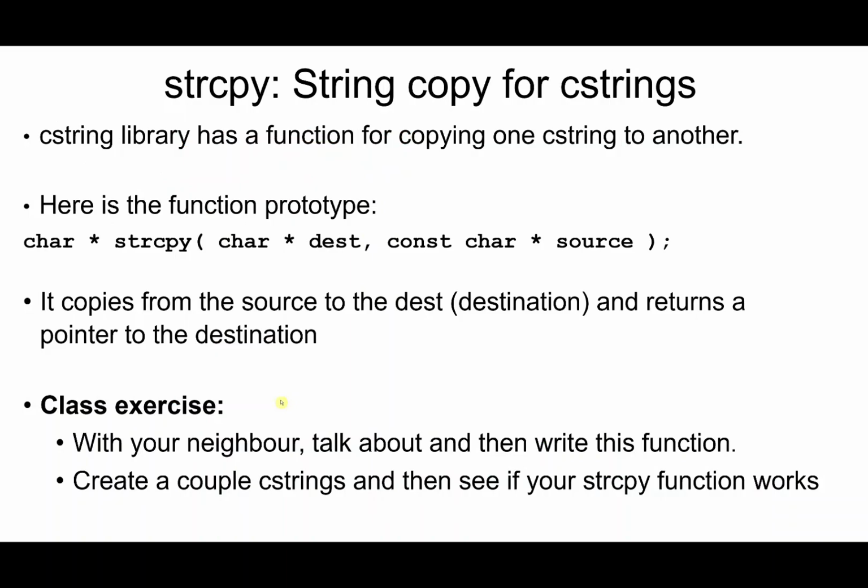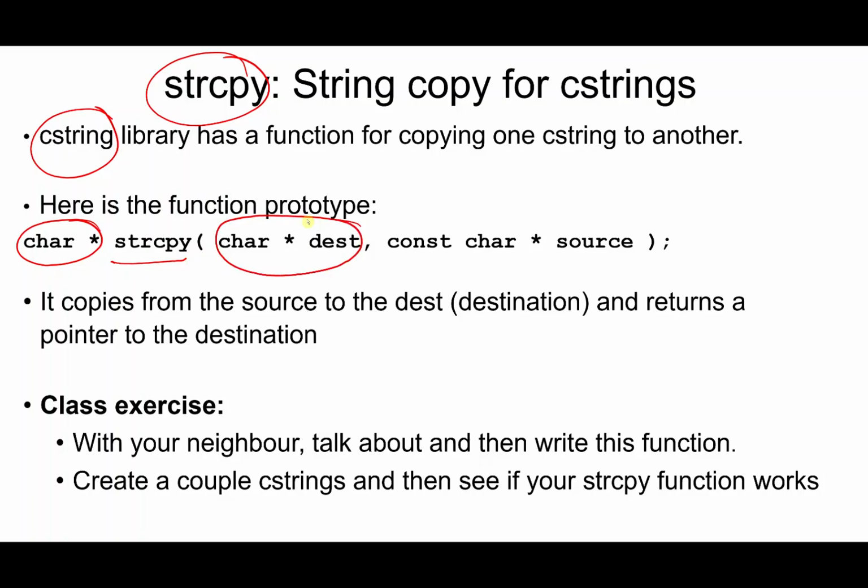Now we have a function that is strcpy, string copy for strings. So the string library, the one you should include to use these functions, has a function for copying one string to another. Here is the function prototype. It returns a character pointer, and it's called strcpy. It takes two things.